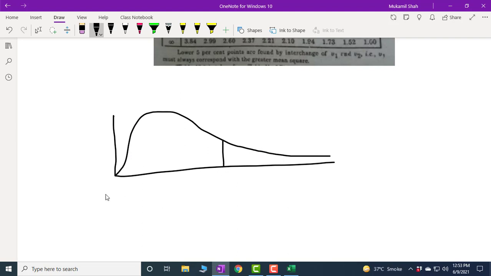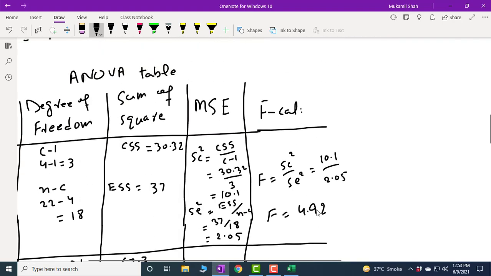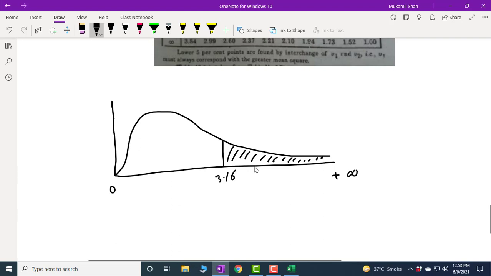If you sketch the graph of F distribution, it will be something like this. This is the critical region, on the positive side, and the table value is 3.16. Look at the computed value, whether it is greater than the table value or less than. So clearly 4.92 is greater than the table value. 4.92 falls in the rejection region because this is the region of alpha and this is the region of 1 minus alpha.